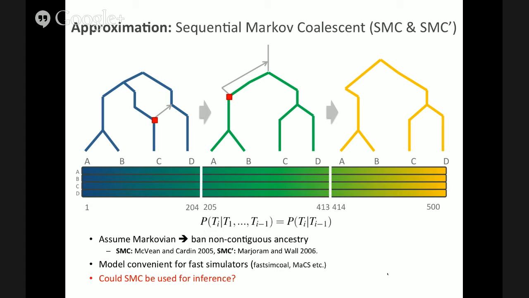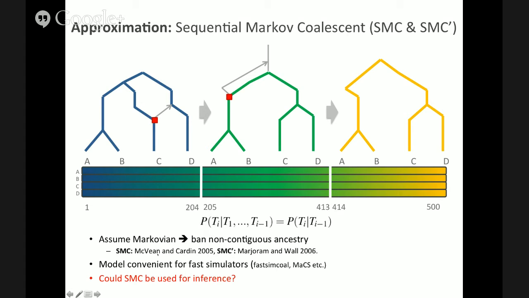So how bad would it be if you added the assumption that these local trees are Markovian? That is, the probability of tree i conditioned on all the previous trees is really just equal to only the last tree.